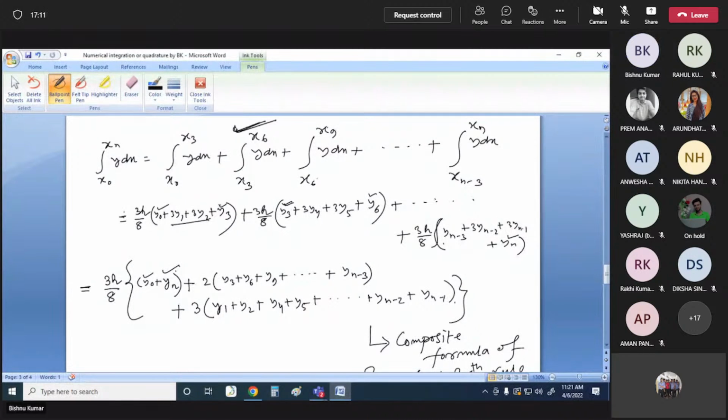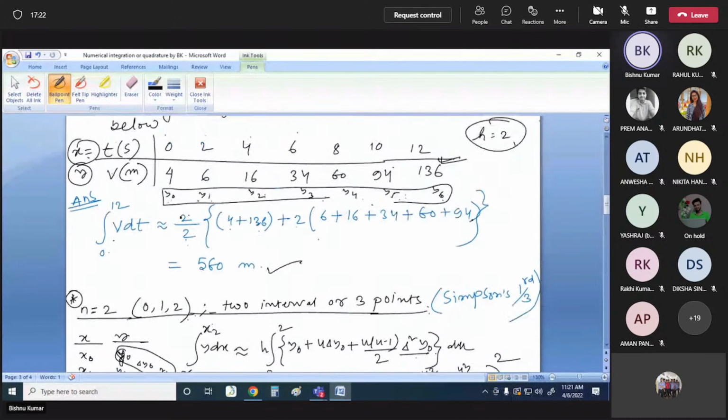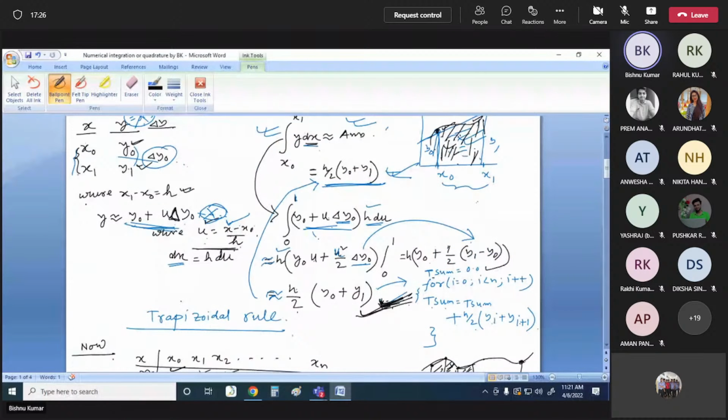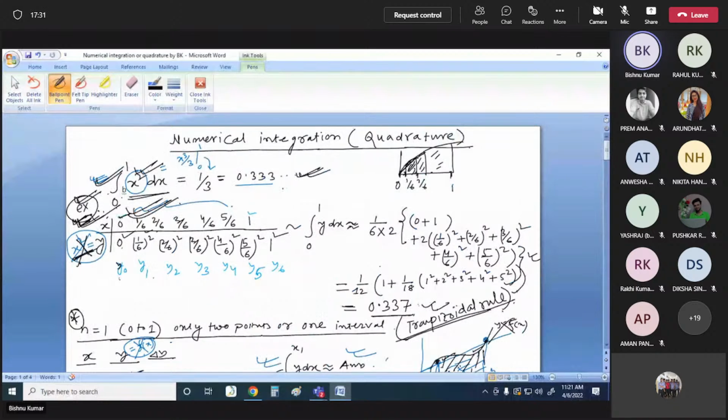Okay. So the same question I am writing here. You just try to tell me. Suppose I use that formula, integral from 0 to 1 of x square dx.